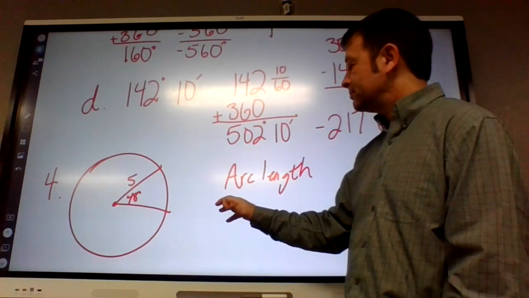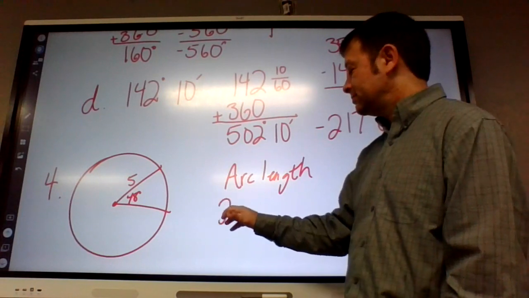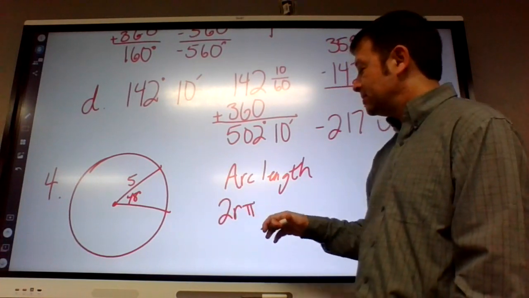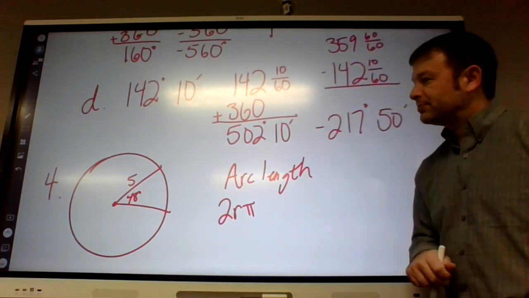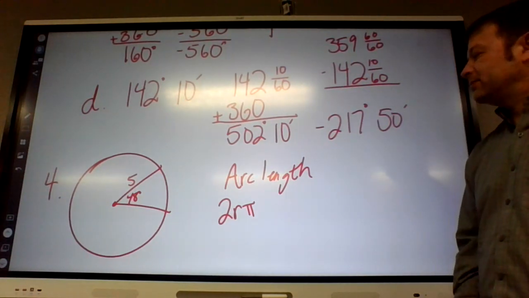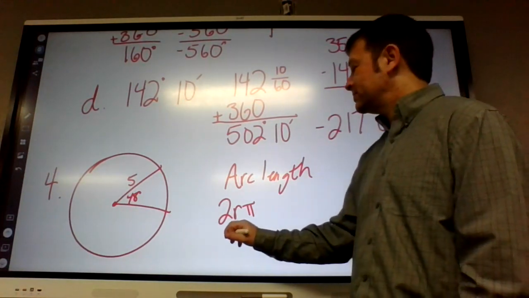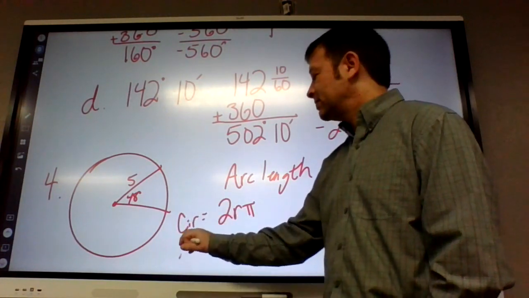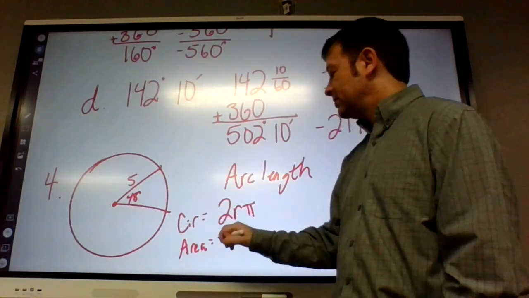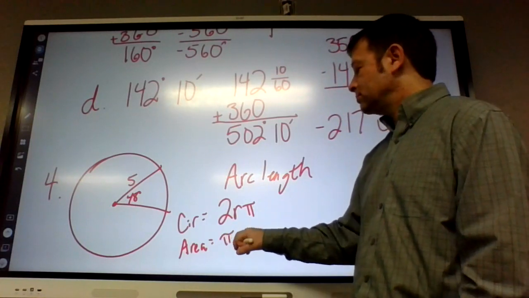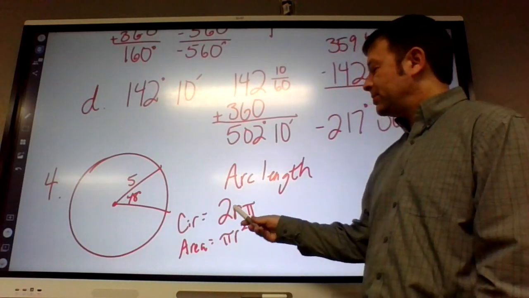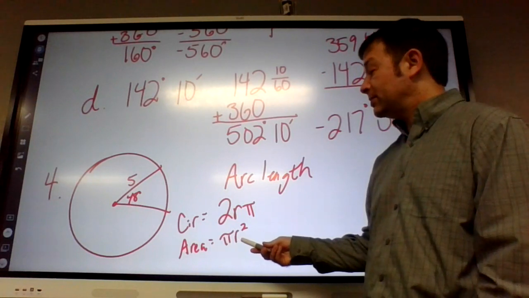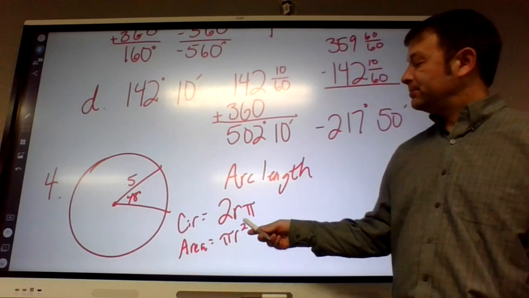Radius times pi? 2 pi r squared. No, that's area. 2r pi. When I was in school, this is how I remembered it. Notice they both have a 2r and a pi, right?